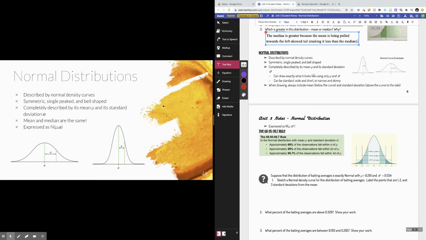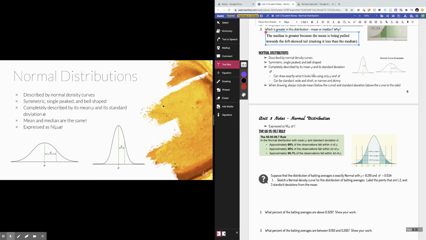And we calculate probabilities with them using normal density curves, right? Most data is not going to fit the normal curve exactly, but it's close enough that we can use the normal density curves to describe these data sets and calculate these probabilities.